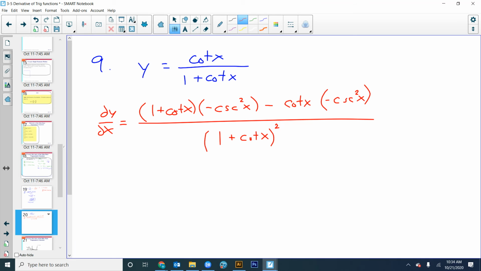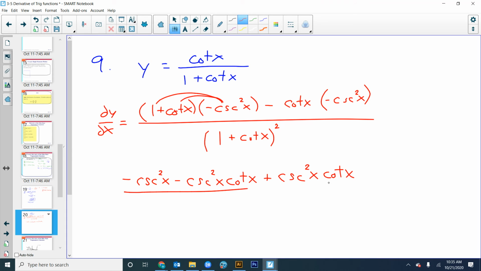All right. So let's see if the numerator simplifies. If I distribute this, I get negative cosecant squared x minus cosecant squared x cotangent x, plus cosecant squared x cotangent x, all over 1 plus cotangent x quantity squared.